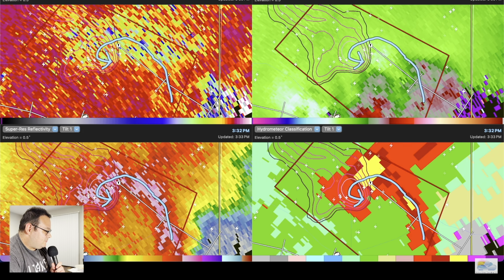But up here, we see these greens and blues in between the more purple or red around it. That means in this area it's very uneven, non-uniform. That could be a couple of things. It could be a debris ball, but this is kind of big to be a giant debris ball, so I don't think it's that. What I think it is is hail.